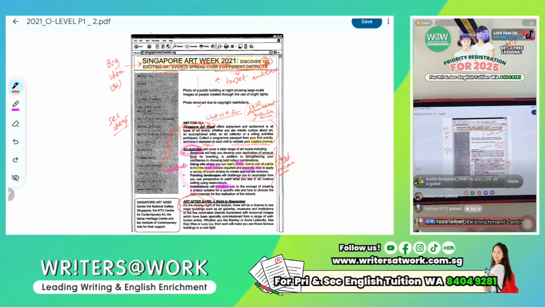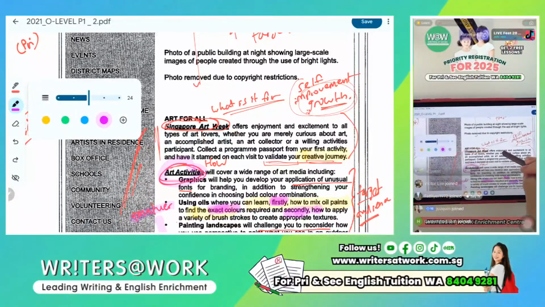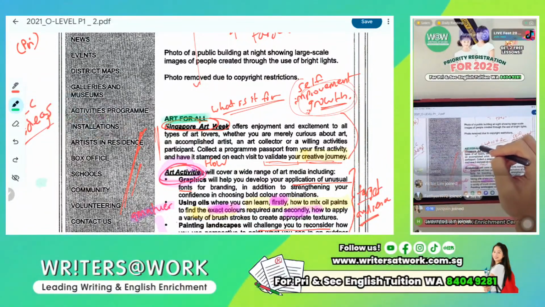So looking at this poster or the web page, I would say that the two things that stood out to me were the ideas here. I'll highlight in green: Art for All.